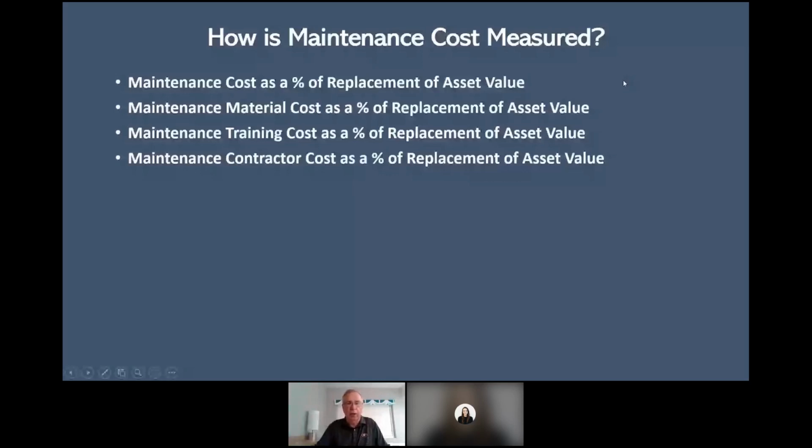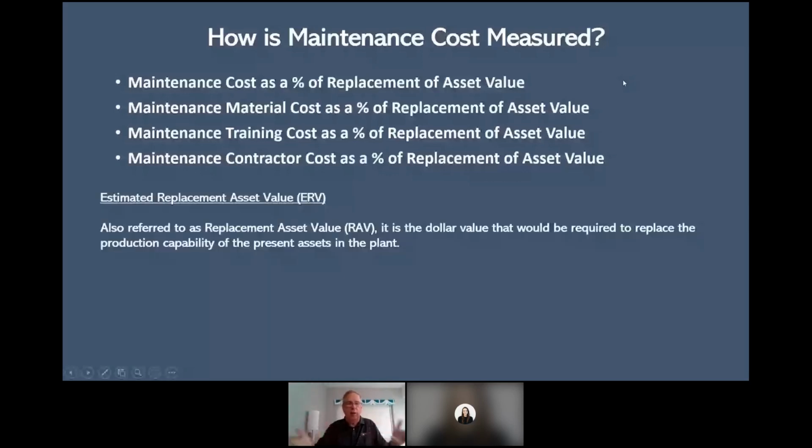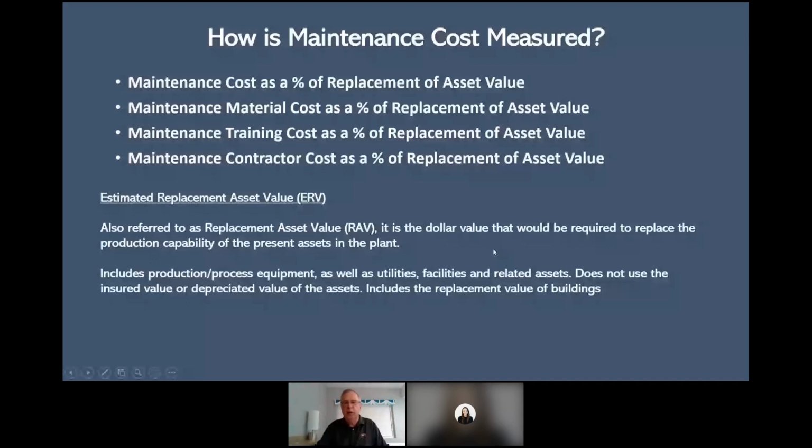So estimated replacement value is ERV, or equipment replacement value, or replacement asset value. It's a dollar value that would be required to replace the production capability of the present assets in the plant. It includes production process equipment as well as utilities, facilities, and related assets. Do not use the insured value or depreciated value of assets. It includes the replacement value of the building.